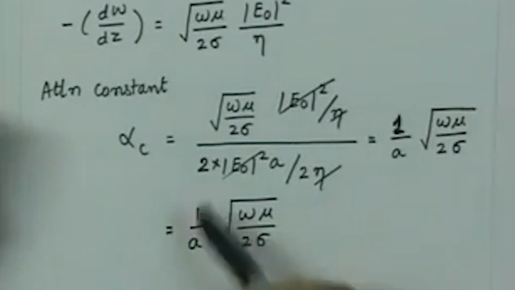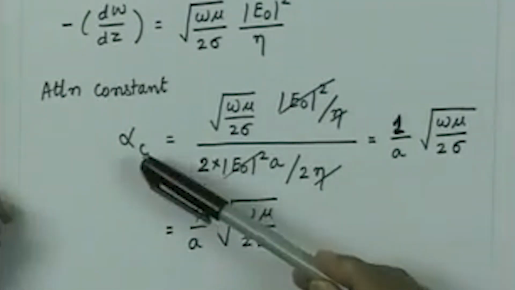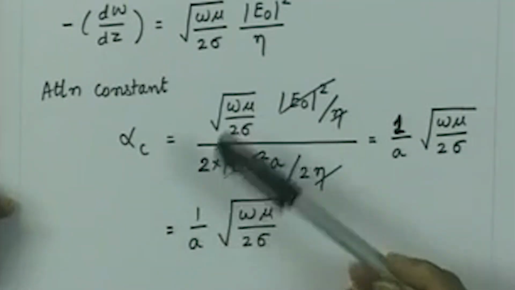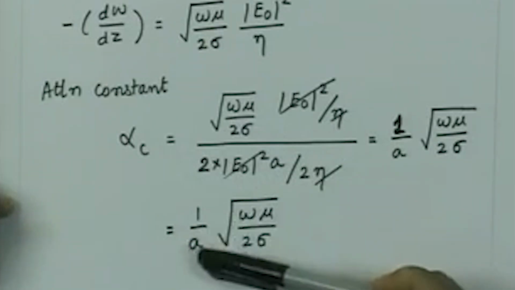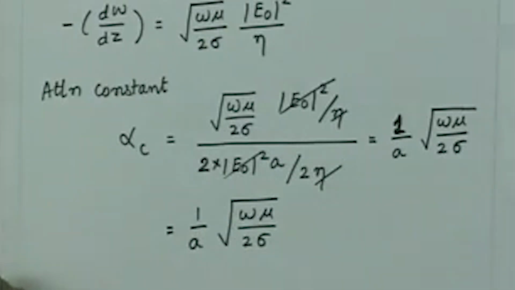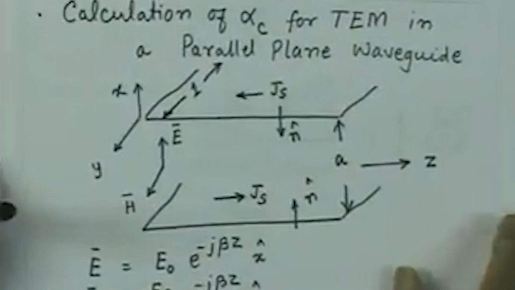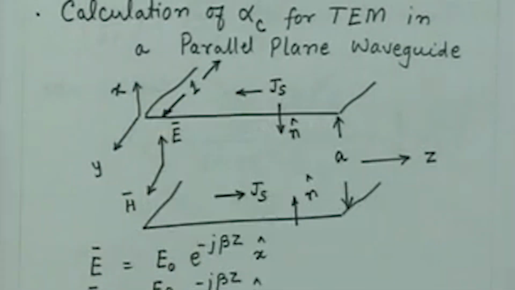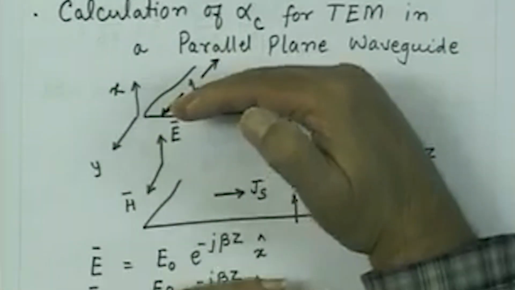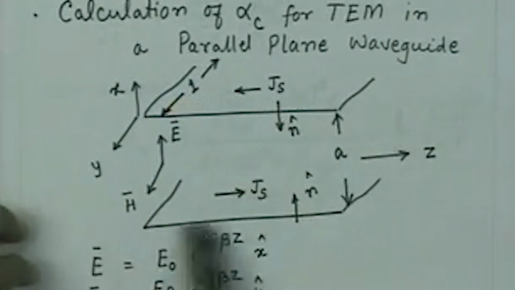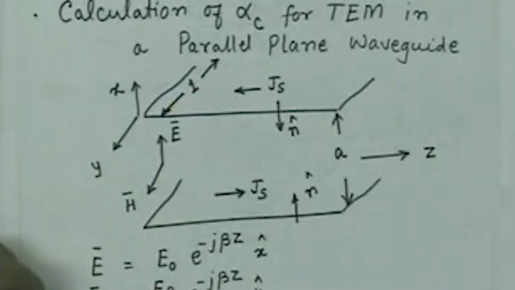Few things can be observed here, and that is the attenuation constant is inversely proportional to the height of the waveguide. And that makes sense here, because if you consider the parallel plane waveguide, since magnetic field is not varying as a function of height, function of x, no matter what is the separation between these two planes, the power loss per unit length is same, it does not change.